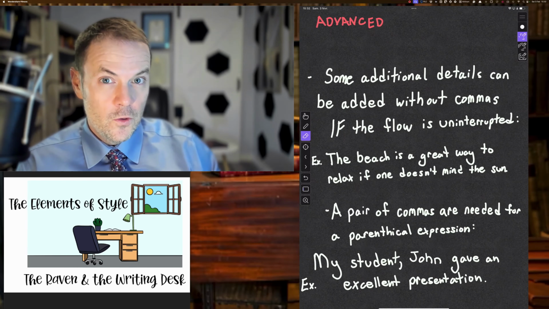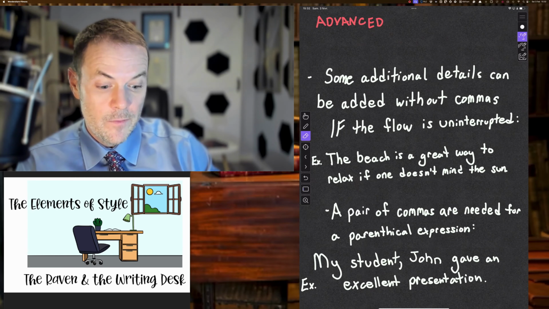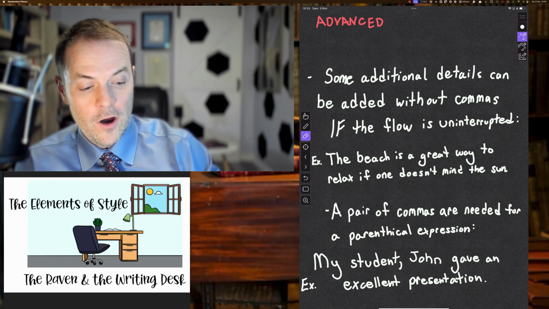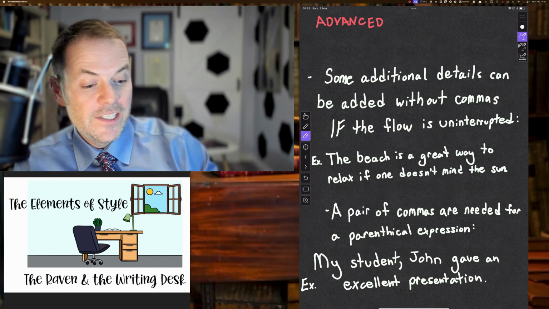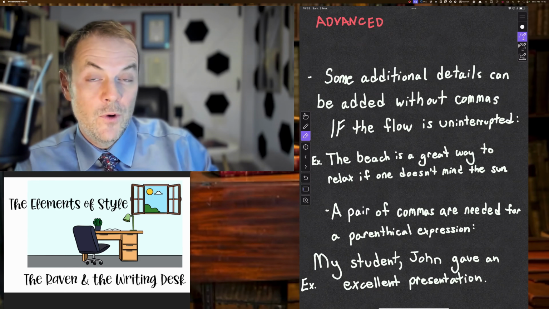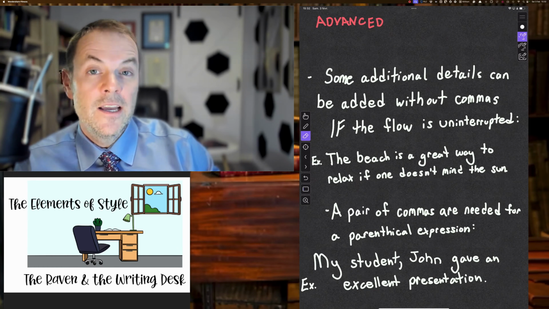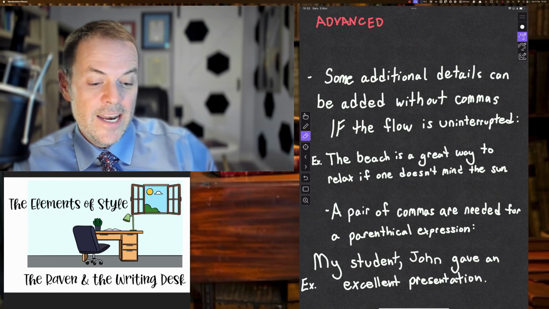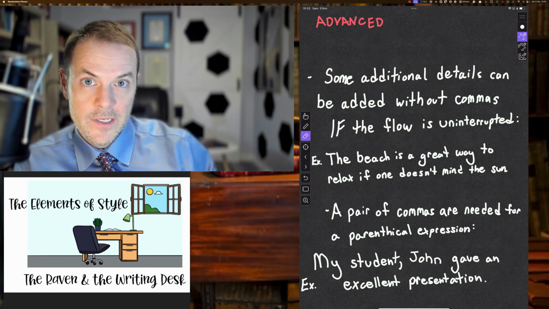It's also good to know that parenthetic expressions, when they do appear, need to be set aside by a set of commas. So looking through this sentence here, you might think, you know what, I'd like to place a comma around here somewhere because that's what would sound good to you. But in the meantime, let's just agree that this sentence flows well, and any comma in there would actually interrupt it.